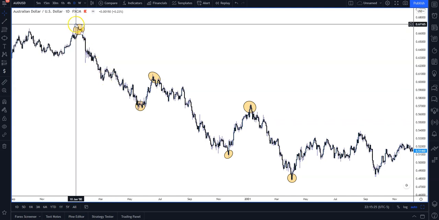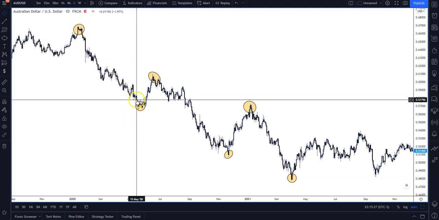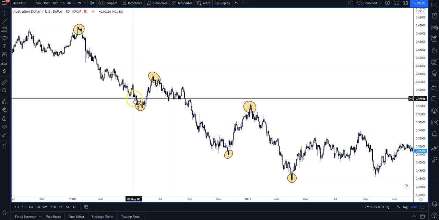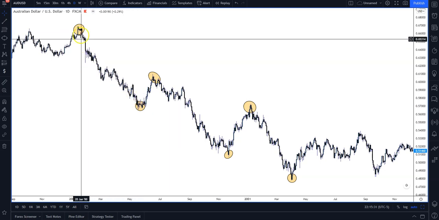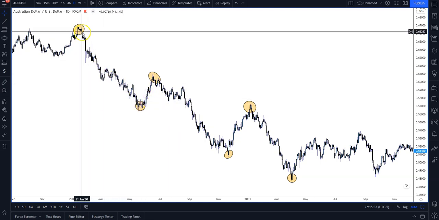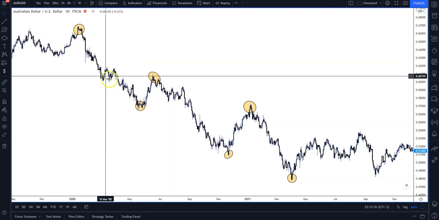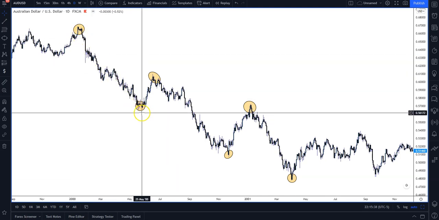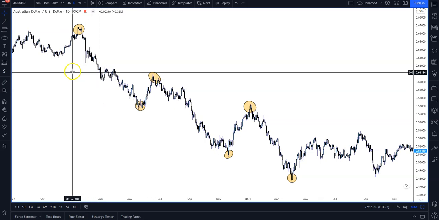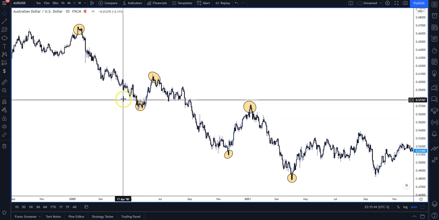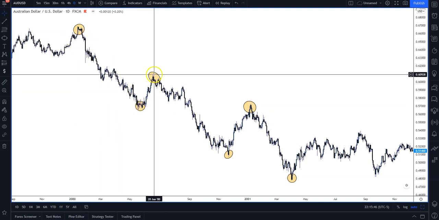Right, so we have an impulse move, and that's what this is usually called. I don't want to confuse you, but when the market is in a trend, that's typically called an impulse, and this is a retracement, right?